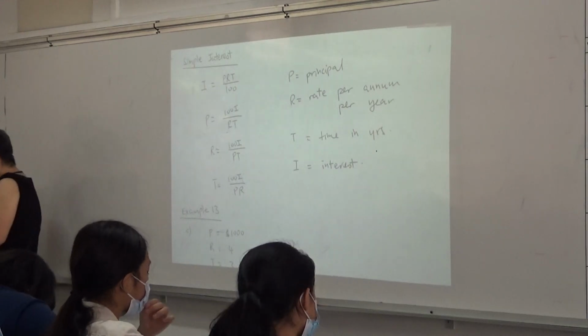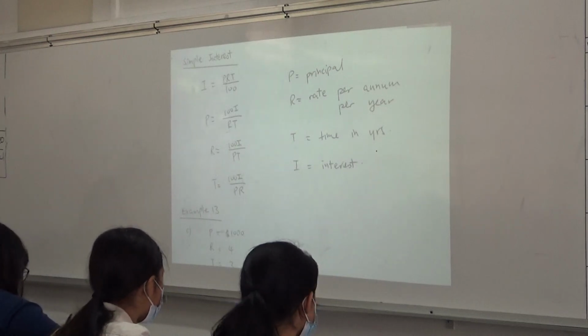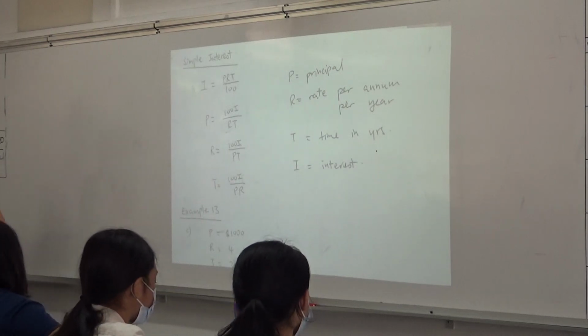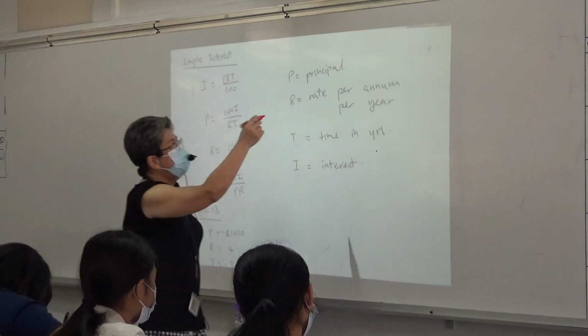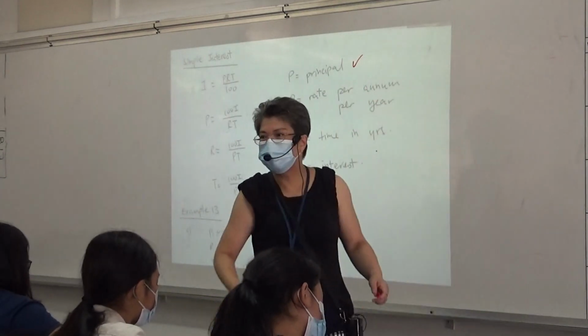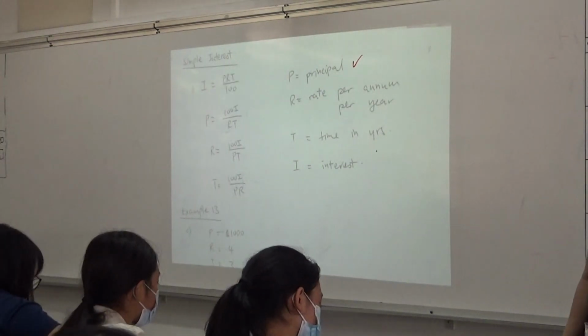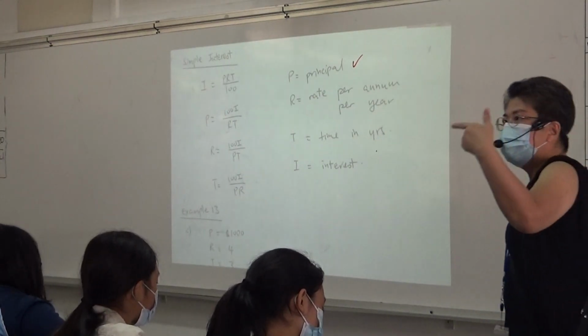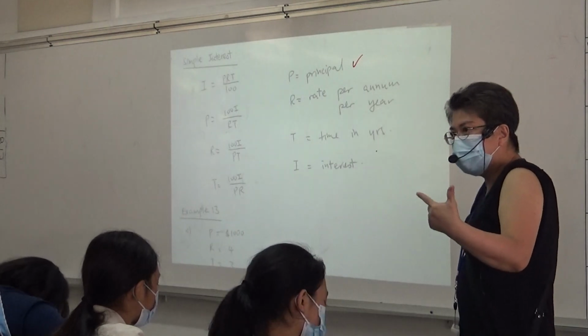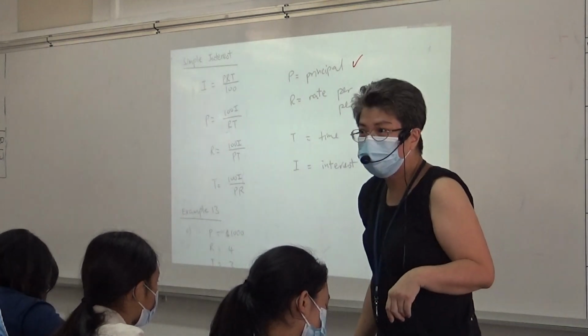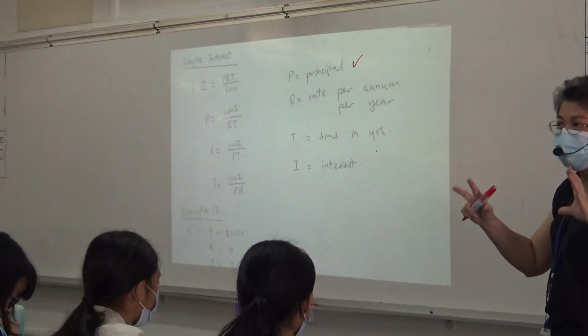Let me explain the first term there. P represents what? Principal, not Mr. Tan. Principal means the amount of money you put in the bank or the amount of money you borrow from the bank. That's called the main thing, the principal.